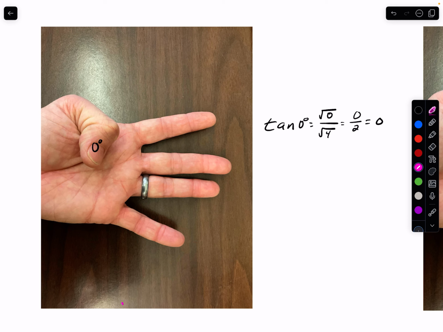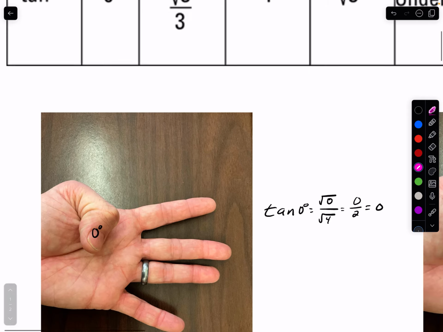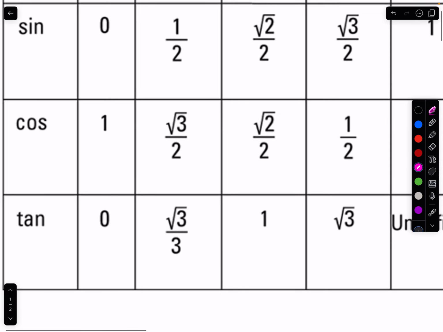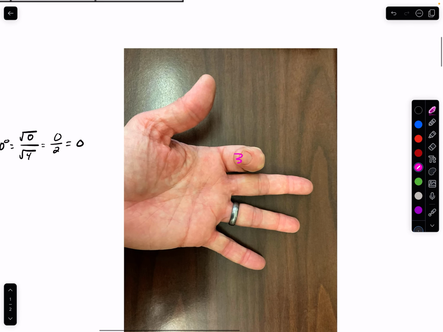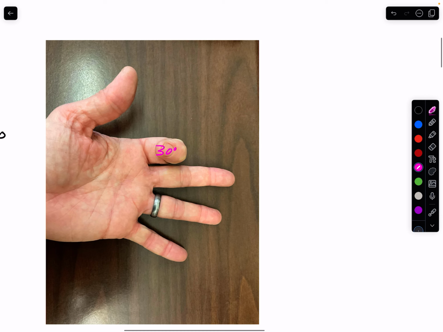Next, let's take a look at the tangent of 30 degrees. Now this one's a little tricky. You have to do a little bit of algebra, but still notice I put the 30 degree finger down. So what is the tangent of 30 degrees? I've got the square root divided by a square root. On the top of the fraction is the square root of 1, divided by, on the bottom, 1, 2, 3, the square root of 3.